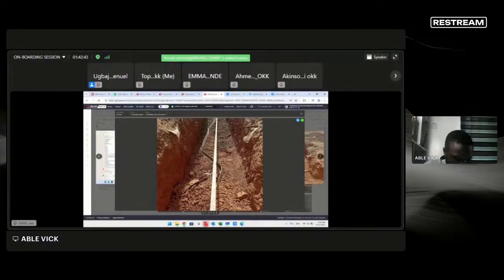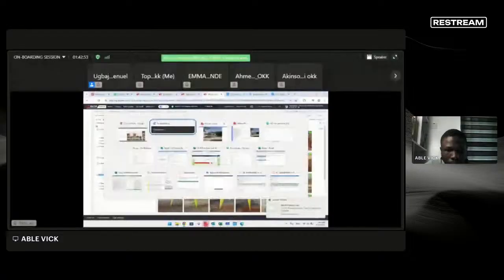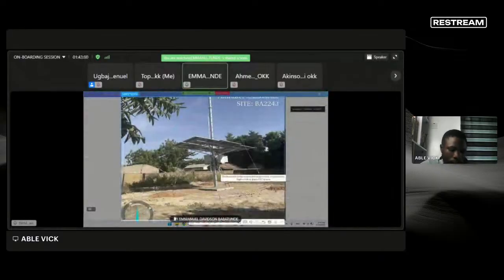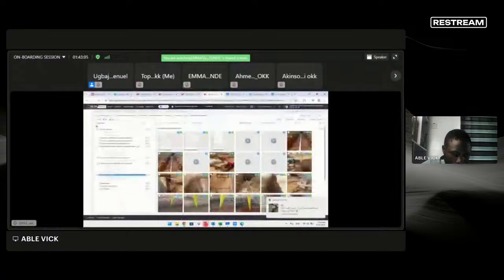Ring around the tower. Let's say your tower is like this. Let me use this picture for example now. This is the tower.